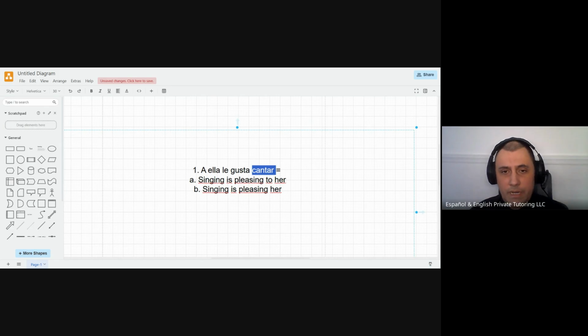We don't have to explain it in the sentence. And the action of liking to sing something is affecting her indirectly. So in this case, a ella, which is the same as saying to her in English, is the indirect object. And le is like saying her, the indirect object pronoun.